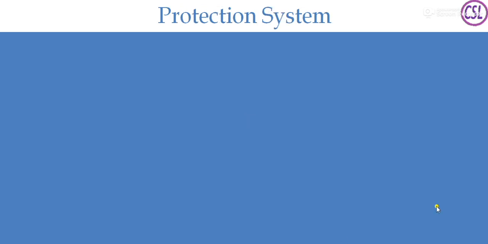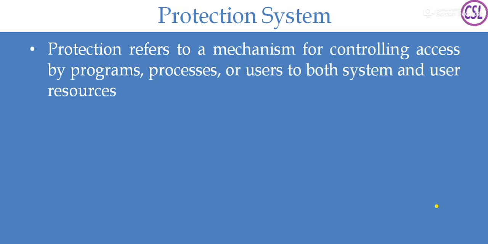The next component is the protection system. Protection refers to a mechanism for controlling access by programs, processes, or users to both system and user resources. For a computer, there are so many users accessing the computer. Each user has their own resources like data.